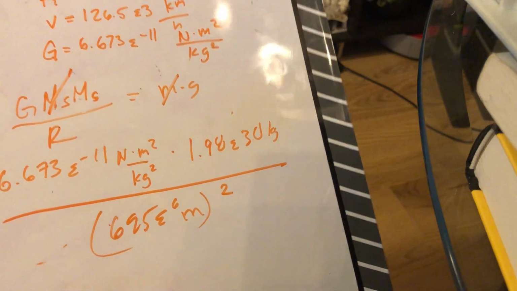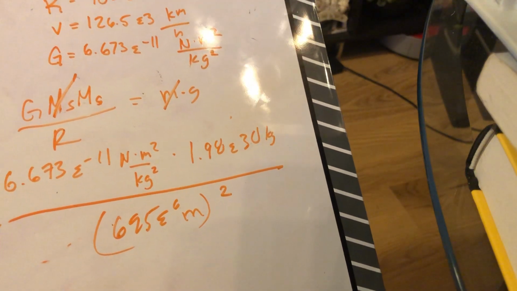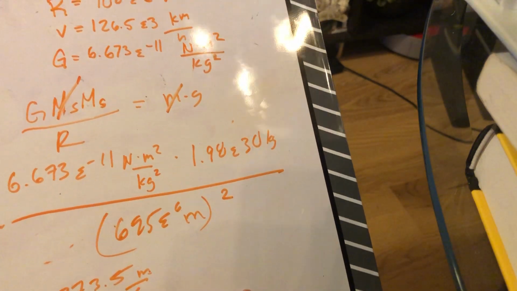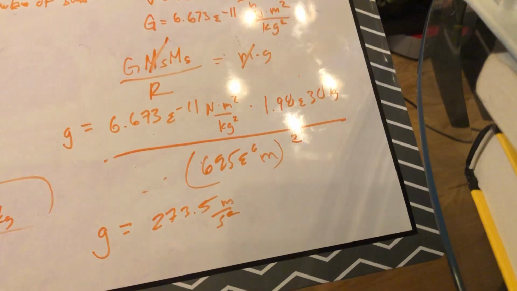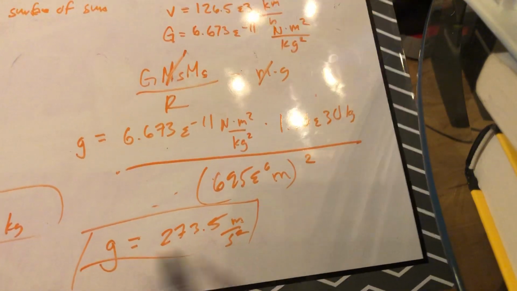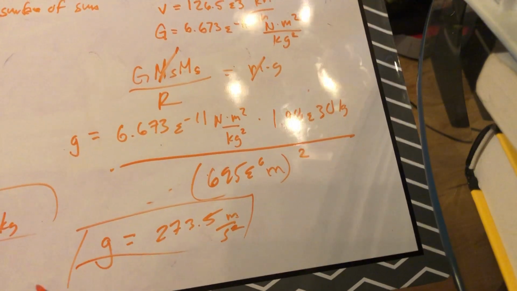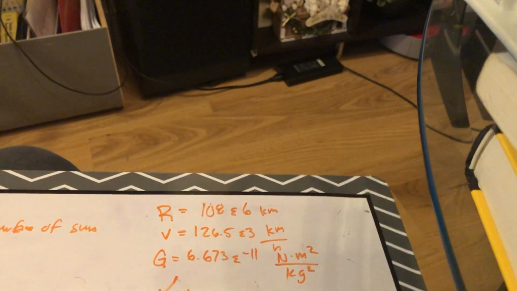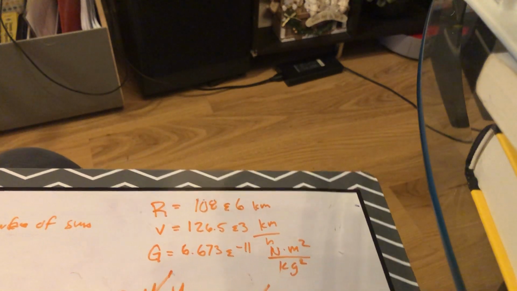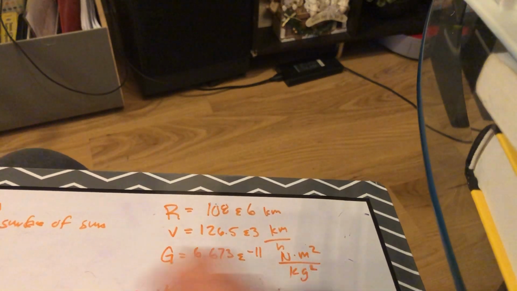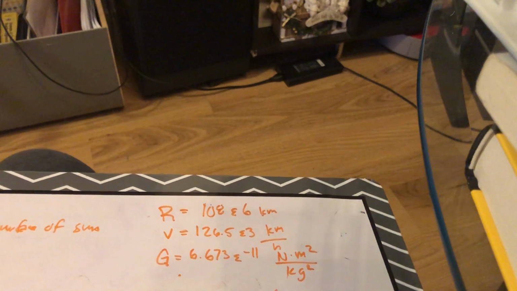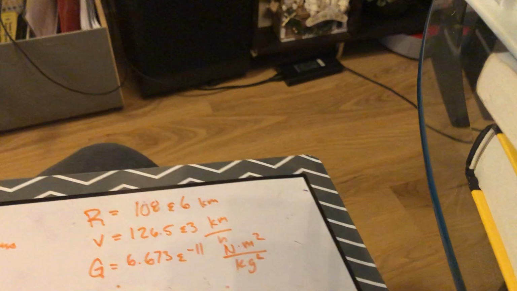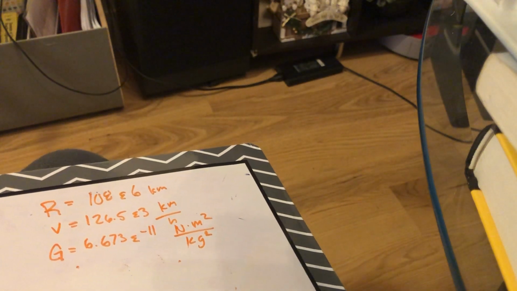So that gives us 273.54 meters per second squared, which, holy cow, man, that's crazy fast. What would that do to your body? If you're used to 9 meters per second squared, you're increasing it by a lot. 9 meters to 273 meters.